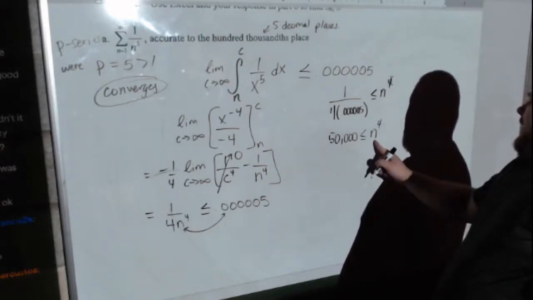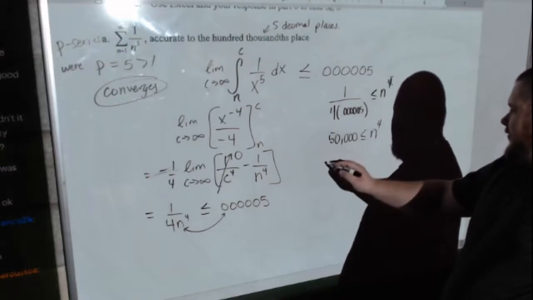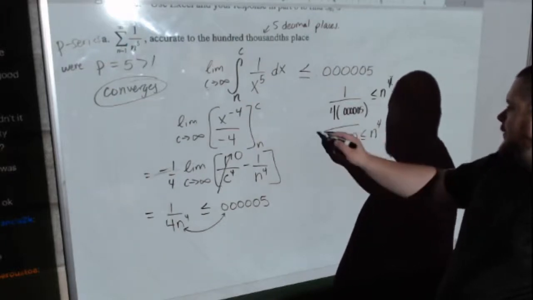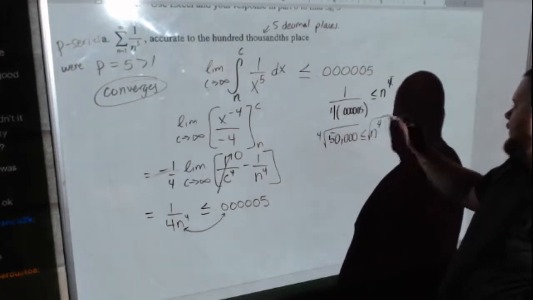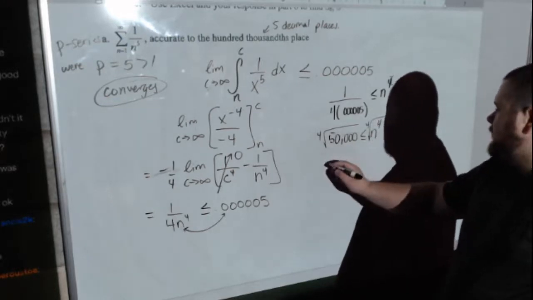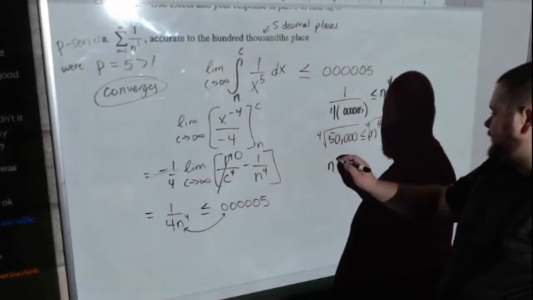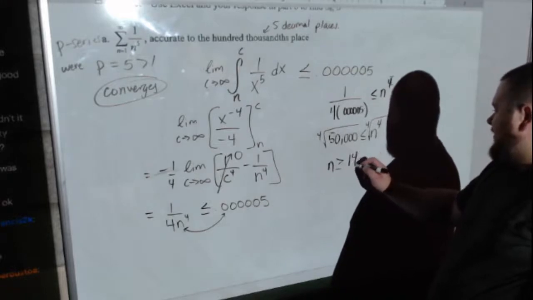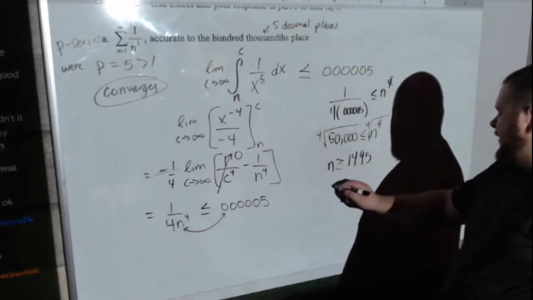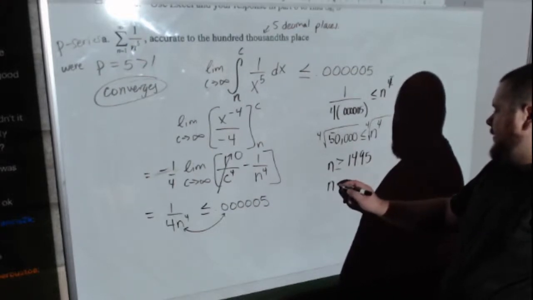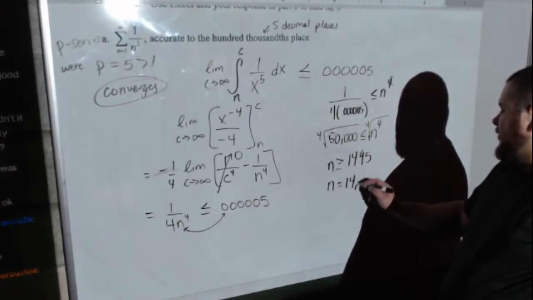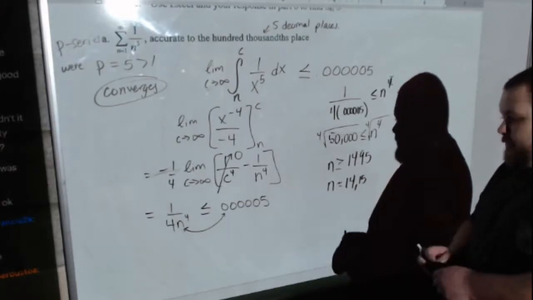And if I want n, I've got to take the fourth root of both sides. I think this comes out as 14.95 something. So it's either 14 or 15 terms.